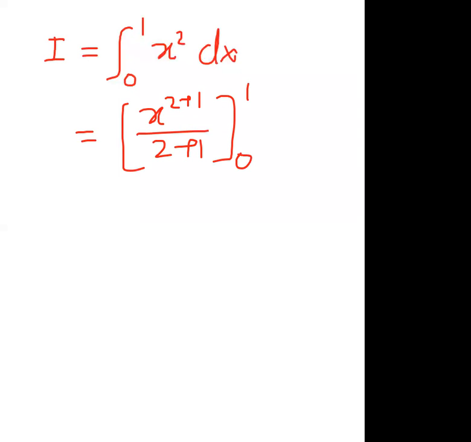So it will be 1 by 3, 1 to the power 3 minus 0 to the power 3, that is 1 by 3. In a definite integral we will not put the constant of integration. Constant of integration C is not required. You must take care of this thing.